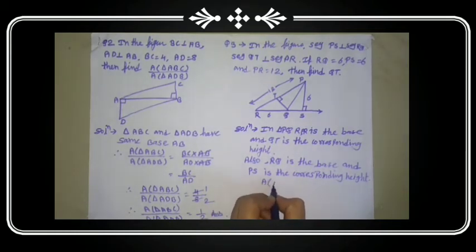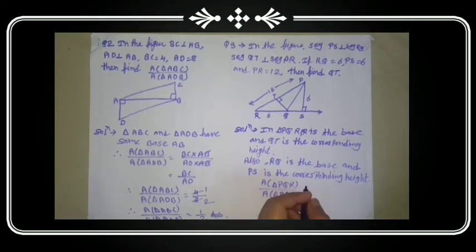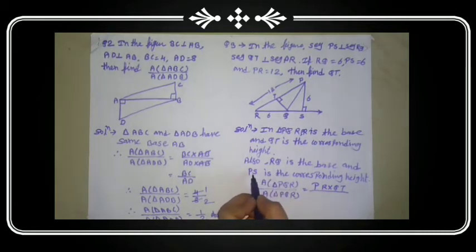Therefore, area of triangle PQR divided by area of triangle PQR equals PR into QT divided by RQ into PS. Reason: ratio of areas of two triangles is equal to the ratio of the product of their bases and corresponding heights.